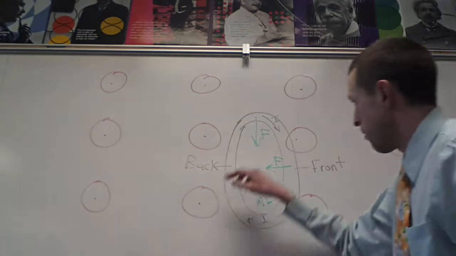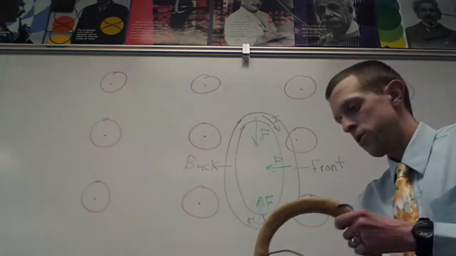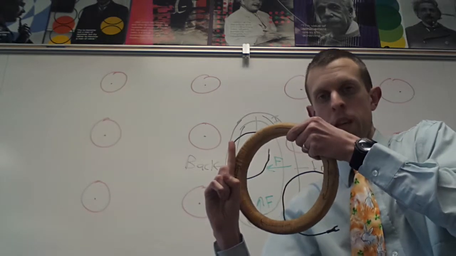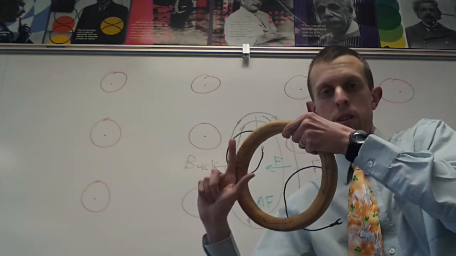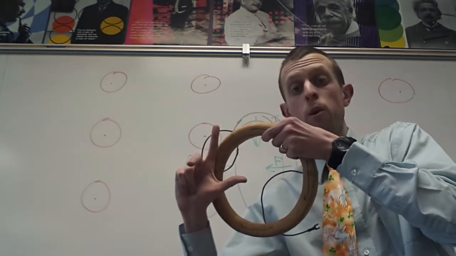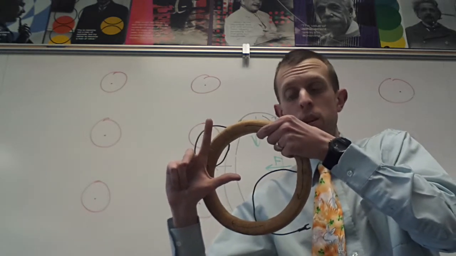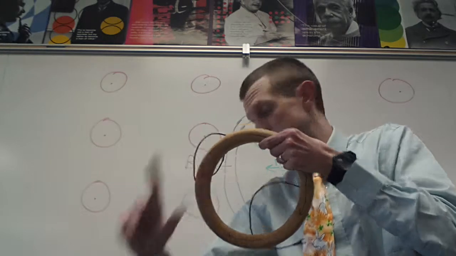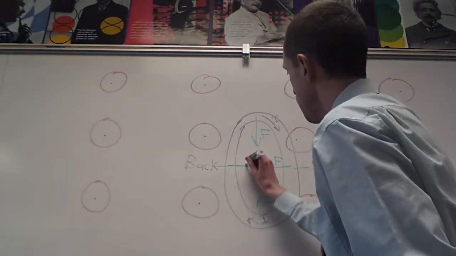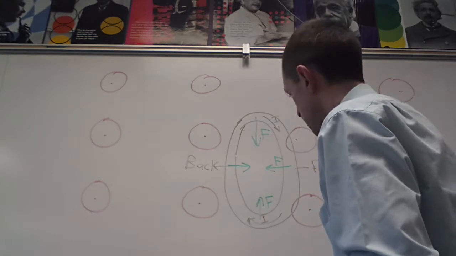Okay. And then the last spot here, I've got my charge moving in this direction. My magnetic field is pointing in this direction toward the camera, so my magnetic force is pointing straight to the right in this case. Again, not into the board and not out of the board, but straight to the right.